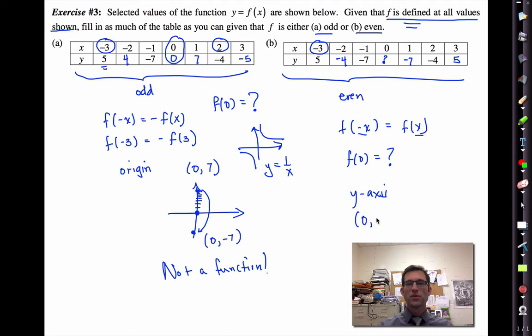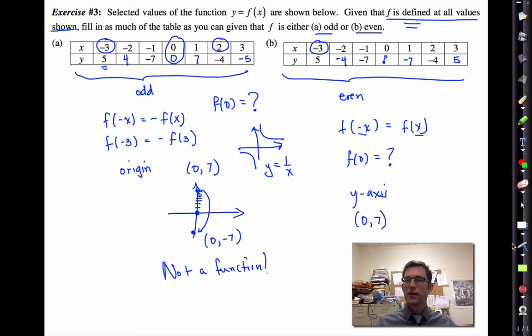If the point 0, 7 is on there, well, fine, the point 0, 7 is on there. Absolutely nothing I can do about it. So with an even function, we don't know what the y value is when x is 0 in this case. All right, pause the video now, think about it, and then I'm going to clear out the text.